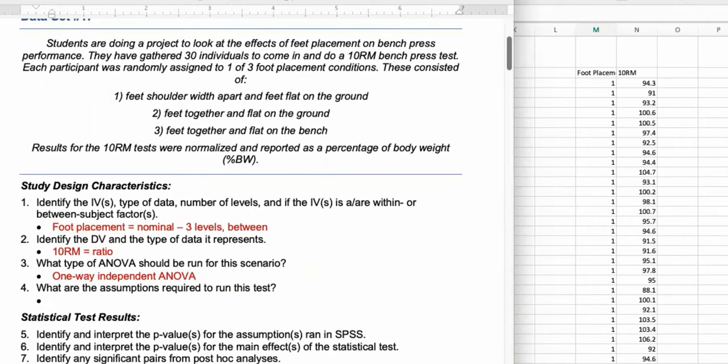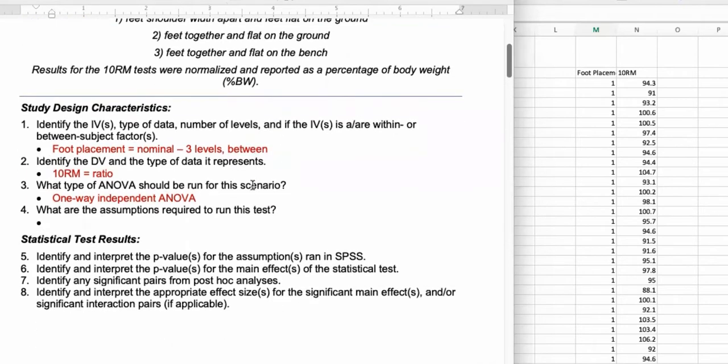Our assumptions for this, I can let you guys fill this in. It's pretty much from the lecture notes, but we would have random sampling, normal distribution with no significant outliers for each level of our independent variable.